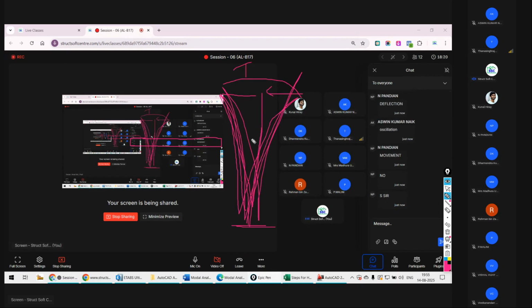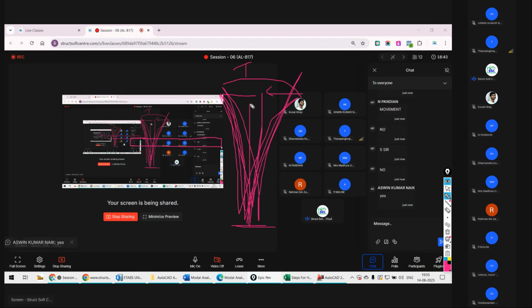But guys, one question I would like to ask: will this remain in oscillation mode, in movement, for a long life, or after a time will it attain its static condition? Yes or no? It is going to attain its static condition after a certain time period.